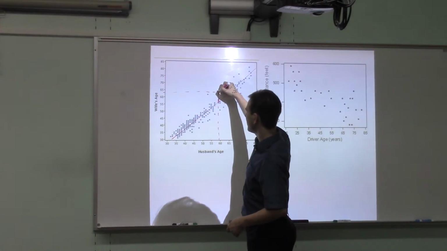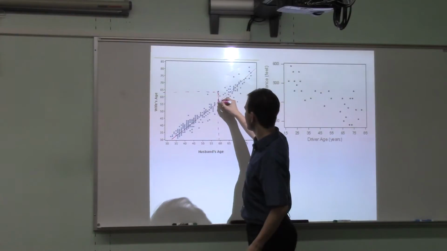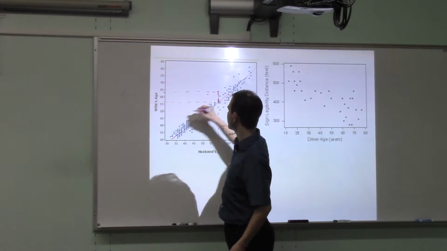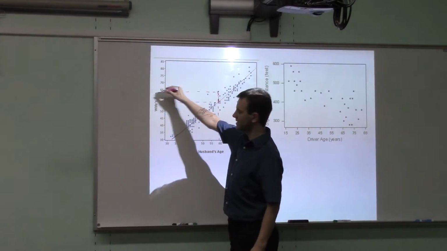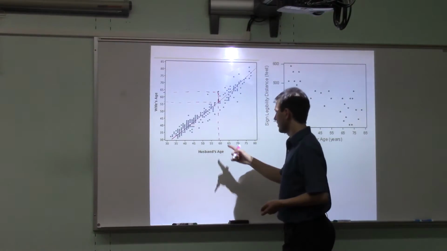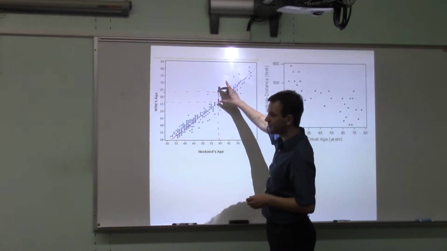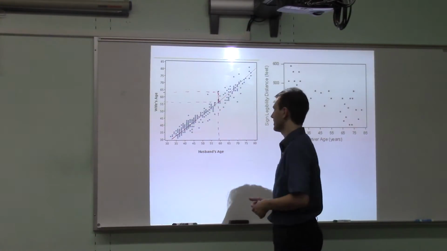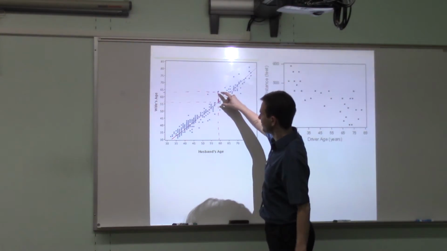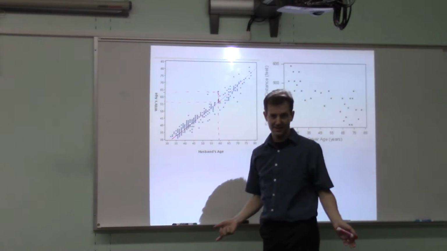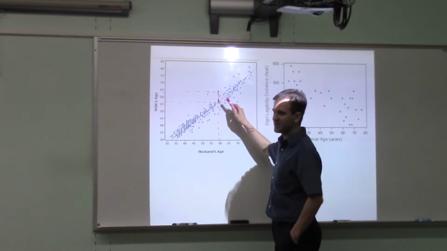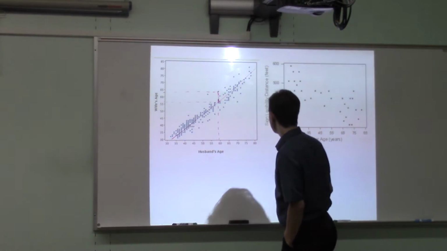So this person has a positive residual. We thought the wife would be 56, but she's actually 63. So based on the man's age, we missed the mark, and this is a positive residual because it's above the regression line. Looks like positive 6. So the value of this residual is positive 6 years, I guess.